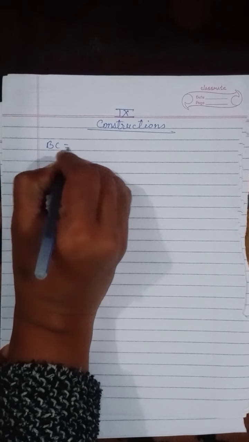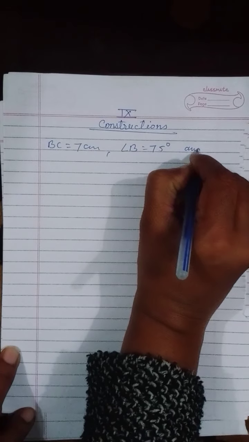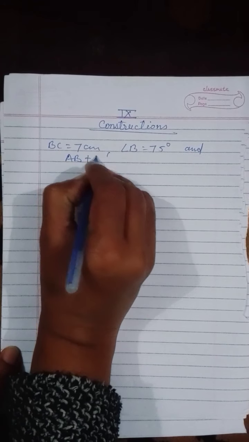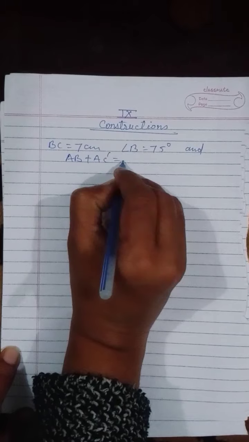Okay, first example. Construct a triangle ABC in which BC is equal to 7 cm, angle B is equal to 75 degrees, and AB plus AC is equal to 13 centimeters.